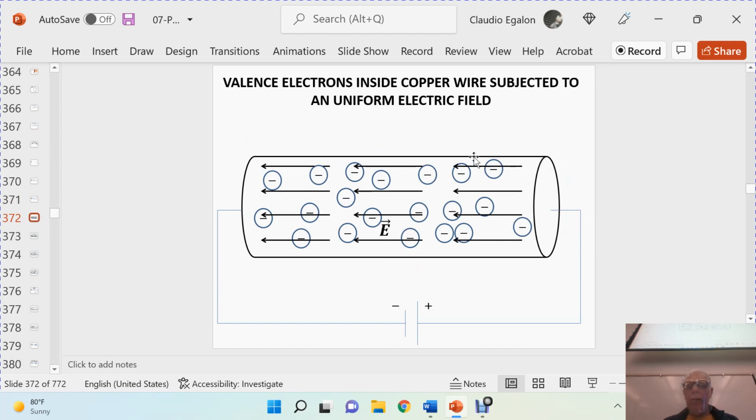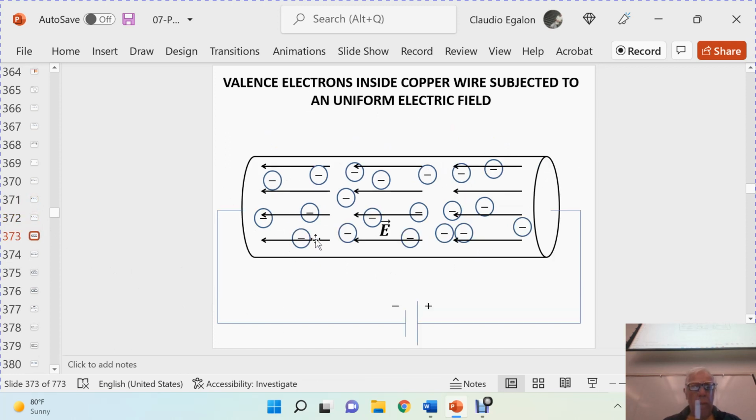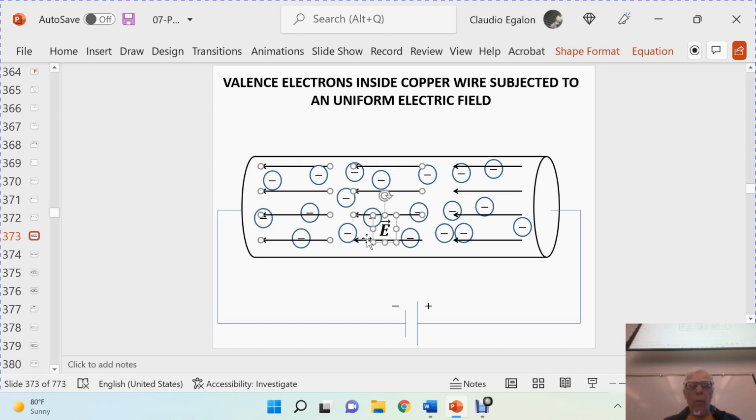You generate an electric field inside the material. Can you picture that? I'm gonna make a better drawing here. Here we go. I'm gonna copy those electric fields. Those arrows that you see right in here is an electric field. It's possible to demonstrate that mathematically, okay?